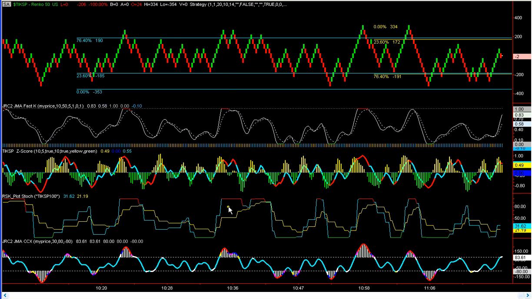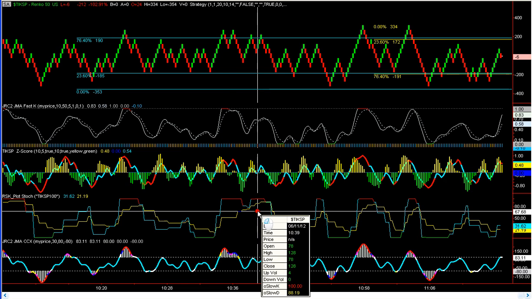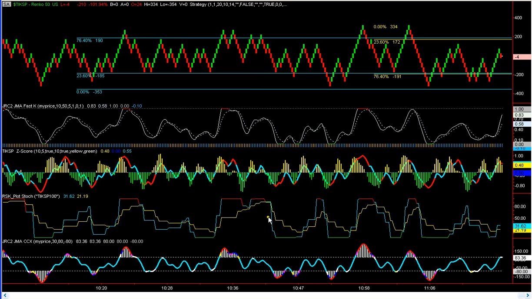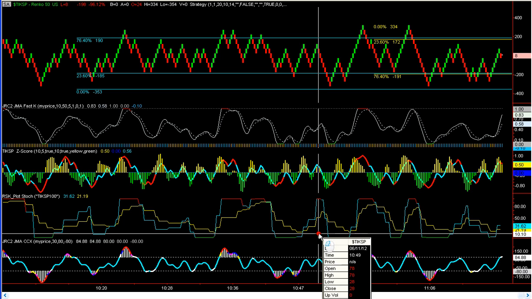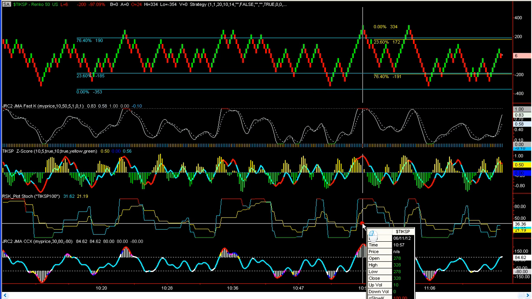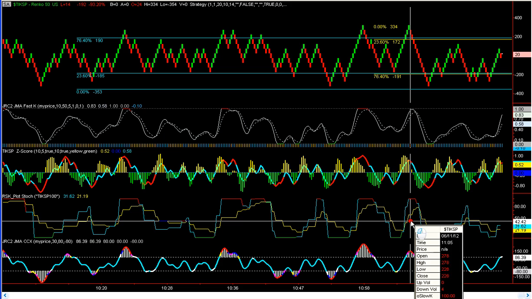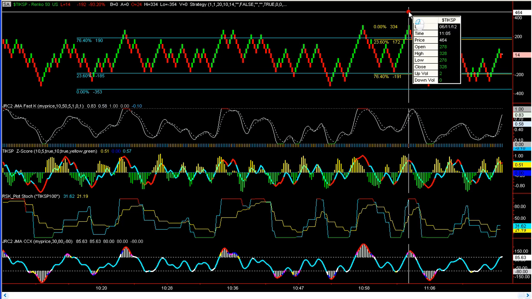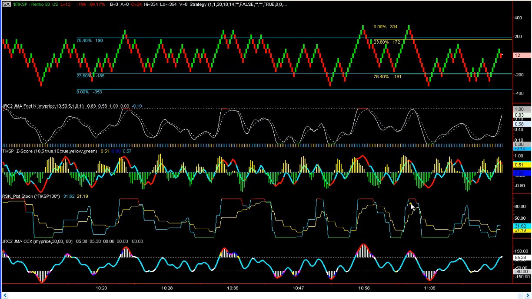And again, we're just looking for where we're finding ourselves to be overextended. So we get a little bit different reading using this setting. But we've got a nice confluence there using this particular stochastic setting. Good time to take a short trade. Nice 3-point move, and we expect more out of that as well.